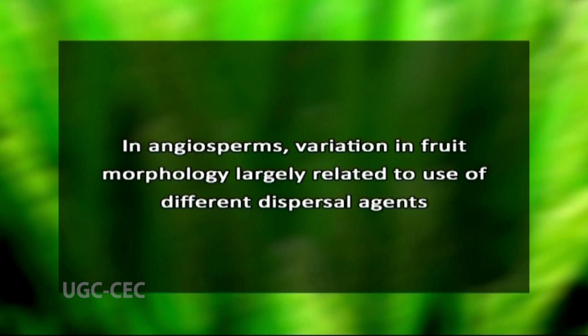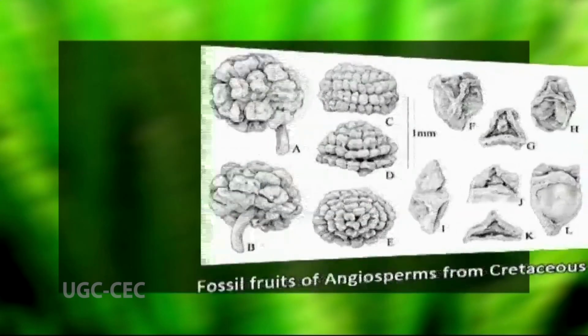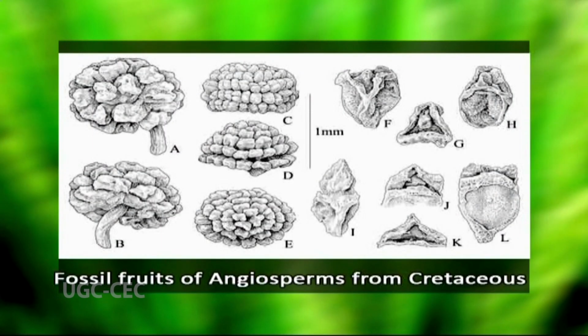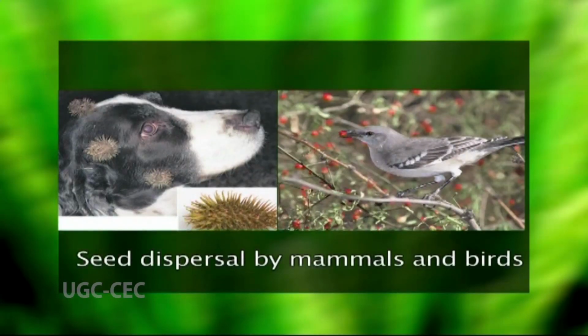In angiosperms, the variation in fruit morphology is largely related to the use of different dispersal agents. The fossil fruits and seeds of angiosperms from the Cretaceous are generally small and little specialized. Therefore, they were little specialized for dispersal by mammals or birds.